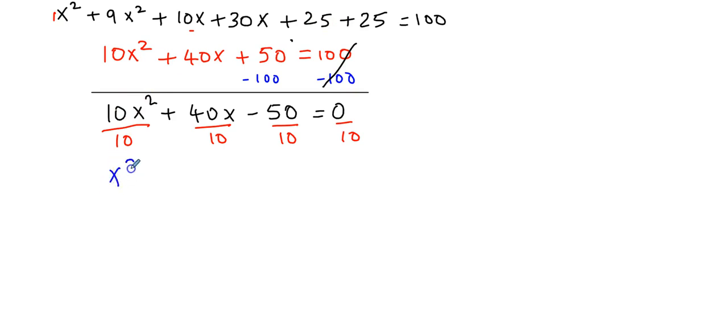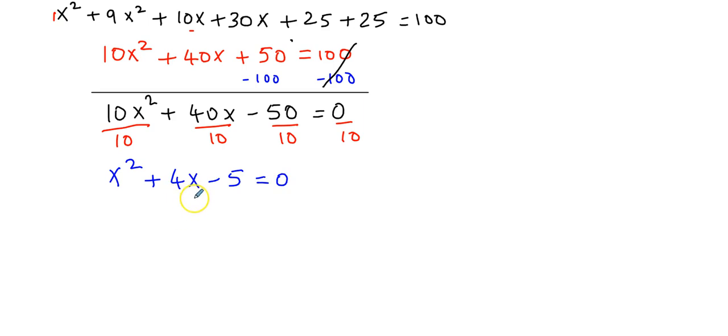You have x², that is 1x². 40 divided by 10 is 4x, and here you have minus 50 divided by 10 gives you negative 5. This is equal to 0.